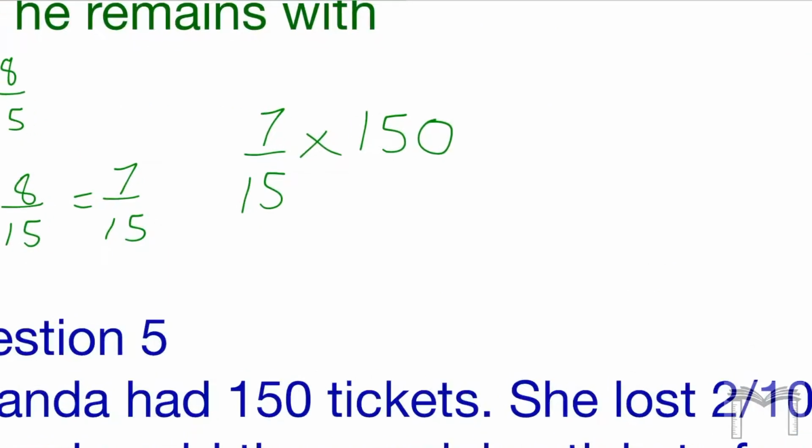Okay, so let's go. 15 into 15 is 1, 15 into 15 is 1. Put back the 0. 7 times 10 is 70. So that's 70 oranges.